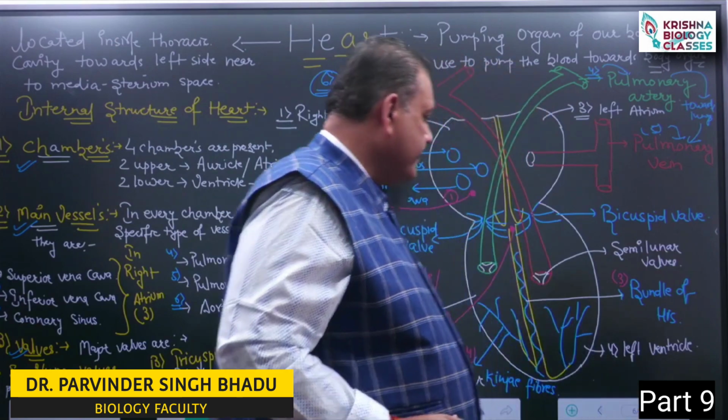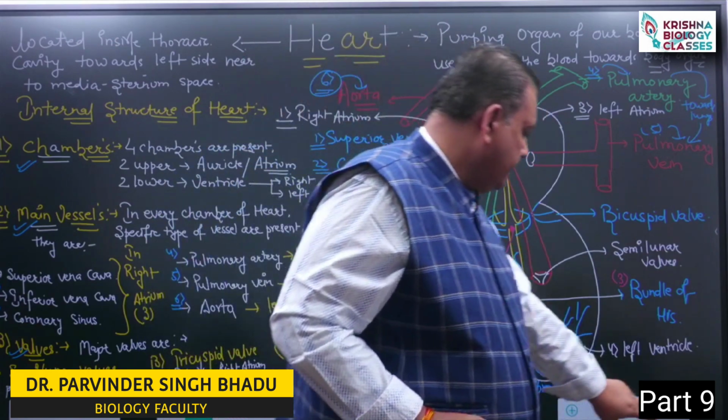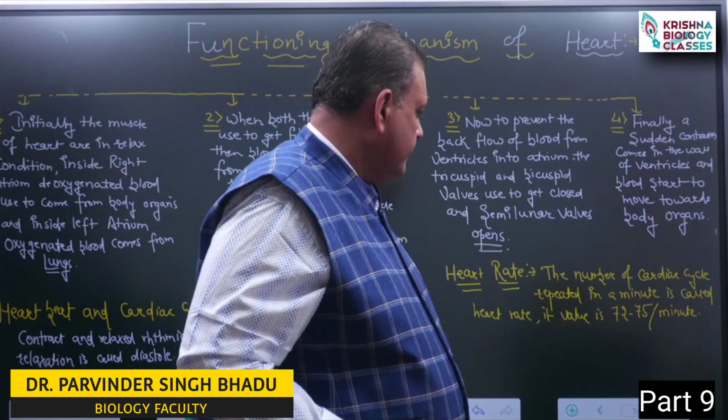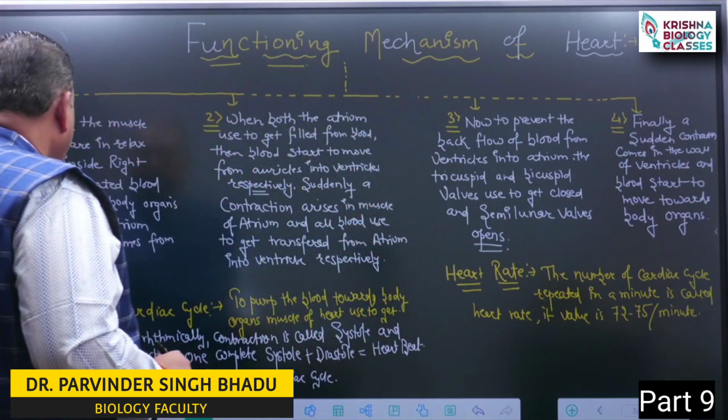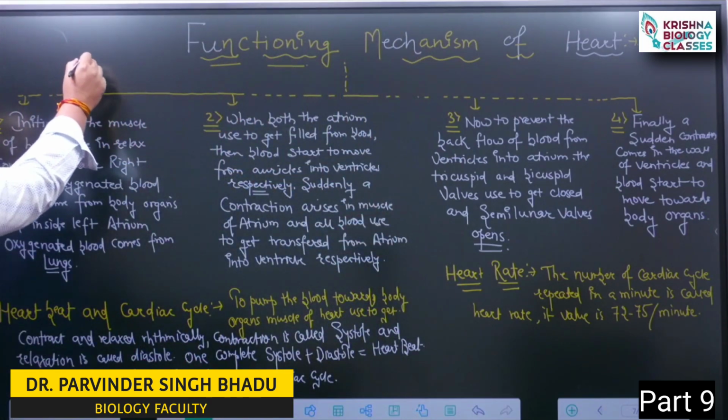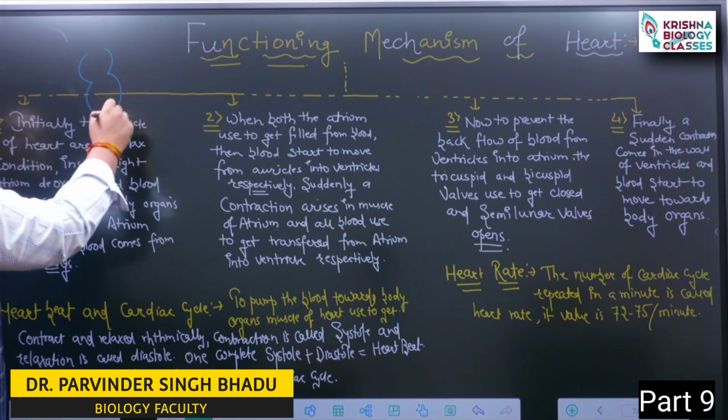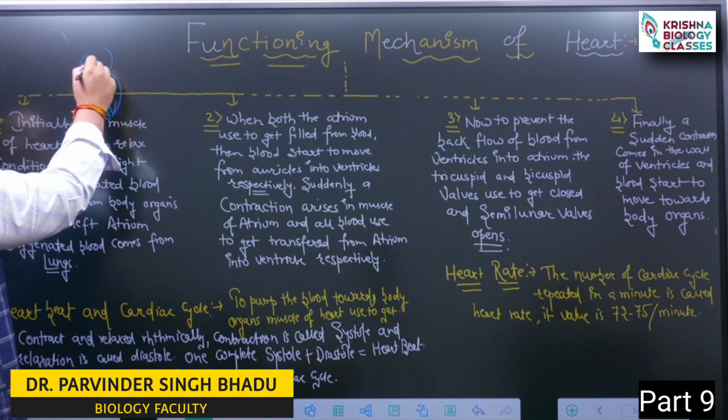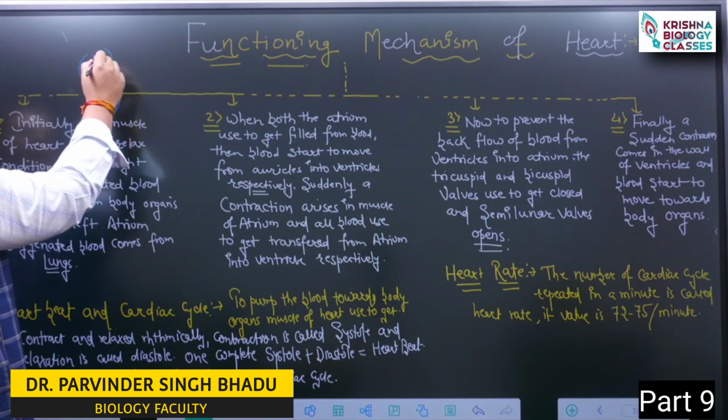So we are discussing the functioning mechanism. Inside the auricle towards the right side, deoxygenated blood is coming, and towards the left side oxygenated blood is coming.